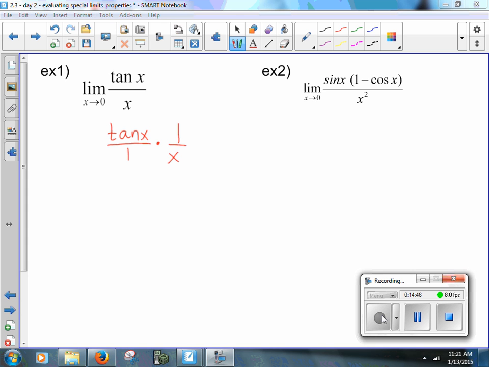So you get the 0 out from under it? No, that's not why. So I can go sine over cosine. Why? Because that's what tangent is. It's a game of chess.